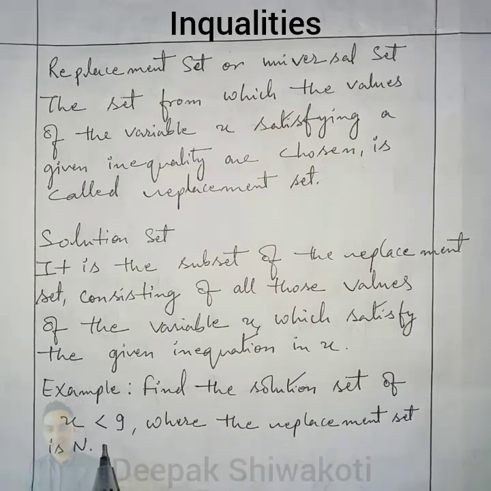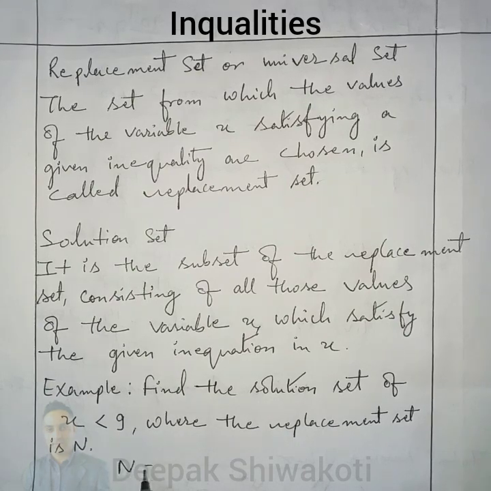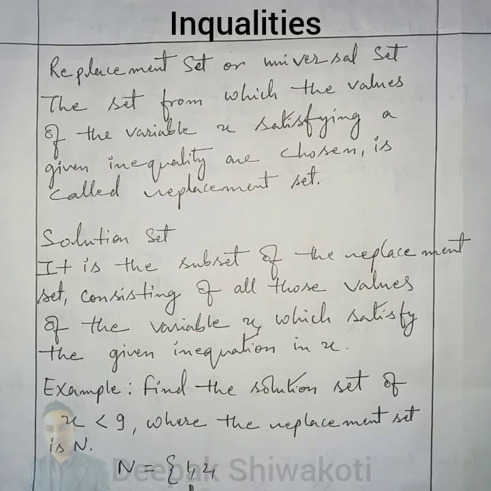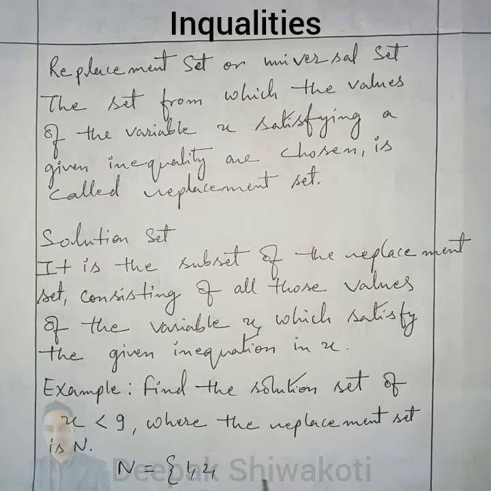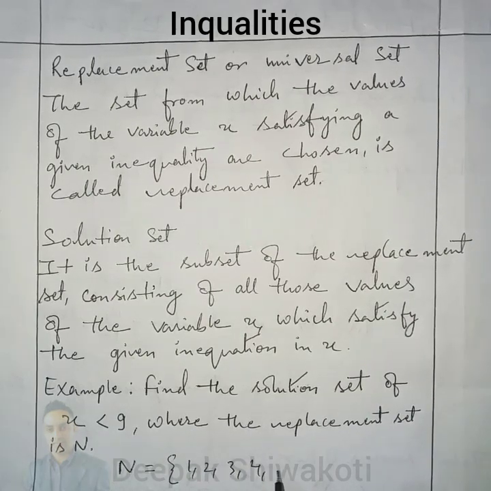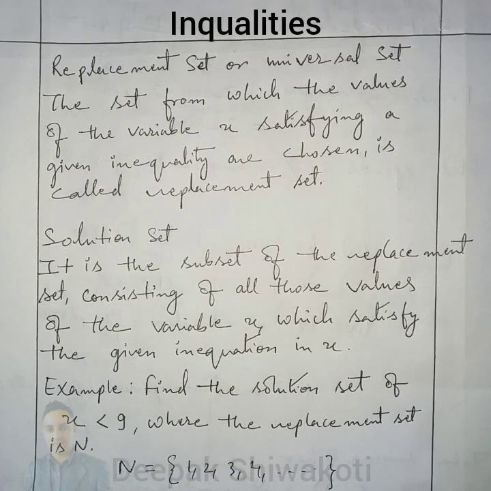In this manner we will write natural numbers N in curly brackets. I'm writing the set of natural numbers 1, 2, 3, 4, and it goes like that. These curly brackets are closed.